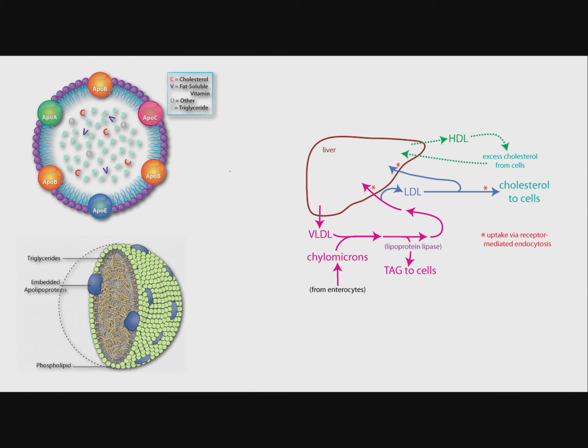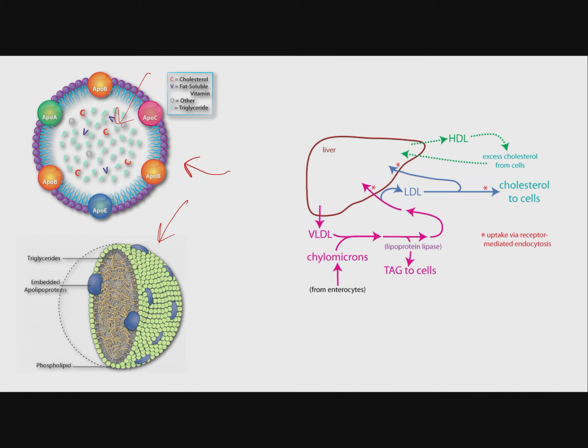This is a chylomicron, by the way, with different apoproteins on it for different destinations. You can see all the little components on the inside. This is another image of a chylomicron, shown a little more realistically, where it's been opened up so we can see all the triglycerides inside and the embedded apoproteins.